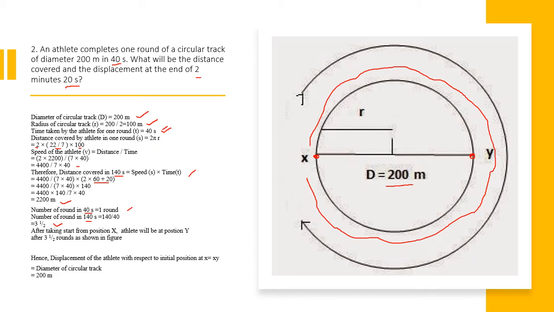So half, again half a round, he will be at y. Am I right? So this is your shortest distance. So x to y. What is the distance between x and y? 200 meters. That is your diameter. So with 3.5 rounds, the displacement of the athlete with respect to the initial position and the final position is the diameter of the circular track, 200 meters.